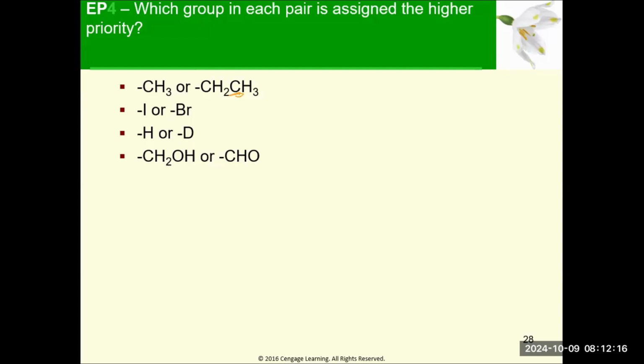And so because of this extra carbon, it will have higher priority. Now, what about iodine or bromine? Well, which one has the higher atomic number? You will know that iodine has the higher atomic number than bromine. Therefore, iodine would be the higher priority.